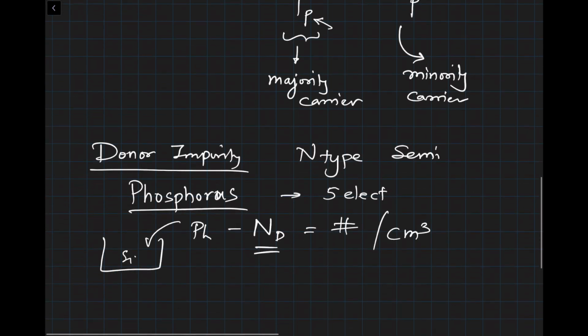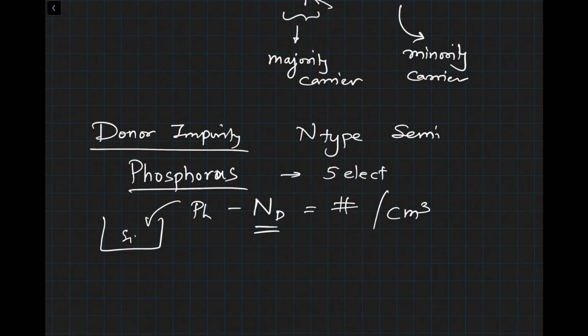In this particular case, we would call the electron concentration N sub N. This would be your Nd, and P sub N would be the holes due to thermal generation in the N-type semiconductor, and they would be the minority carrier.